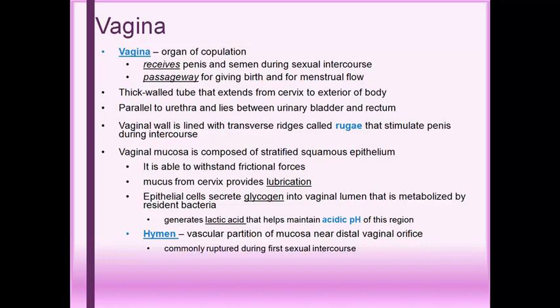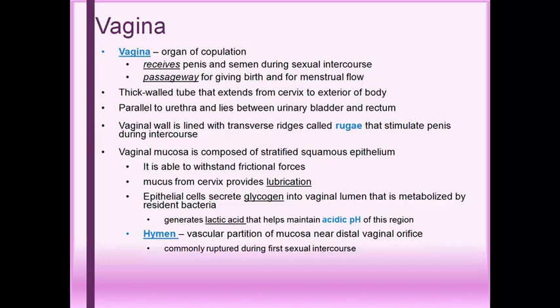It parallels the urethra that lies directly in front of it, and the rectum that lies directly behind it. The wall is composed of transverse ridges called rugae, just like the extensions we saw off the stomach wall. The vaginal wall also has this, which will help stimulate the penis for climax during intercourse.